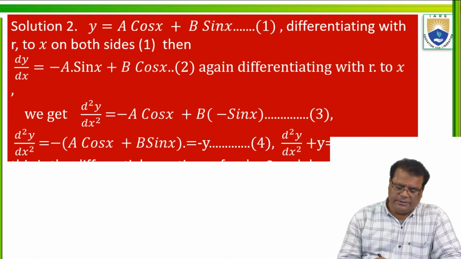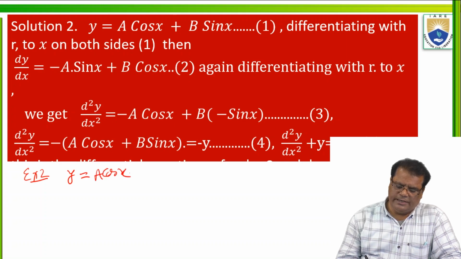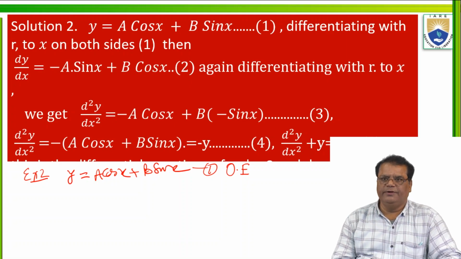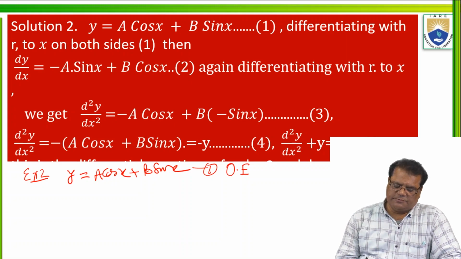Next question, example 2, let us discuss this. y is equal to a cos x plus b sin x. So this is the ordinary equation we have been given.